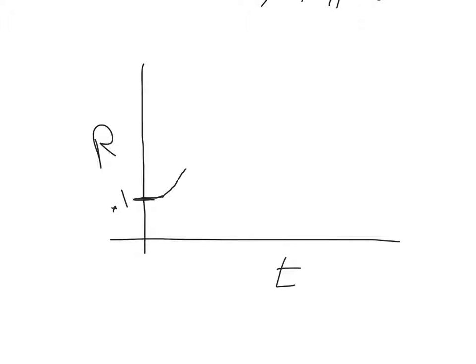Okay, and it's going to reach a maximum velocity when it gets to the equilibrium bond length, and then it's going to start slowing down and turning around. And I'll just let you complete the diagram.